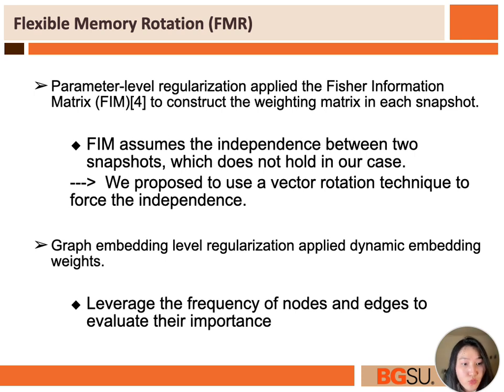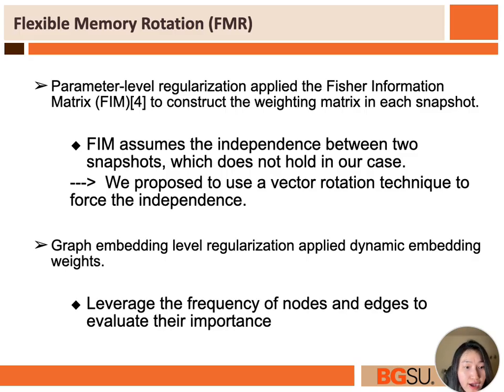The way we implemented parameter-level regularization is by applying the Fisher information matrix, which we call FIM, to construct the weighting matrix in each snapshot. FIM is particularly effective at assessing the contribution of individual parameters, making it a natural choice for evaluating parameter importance.